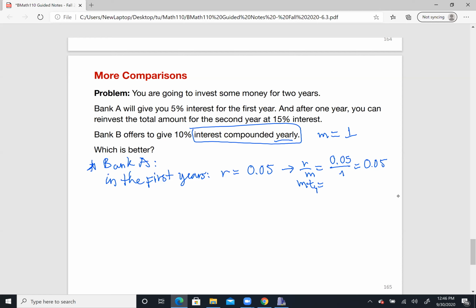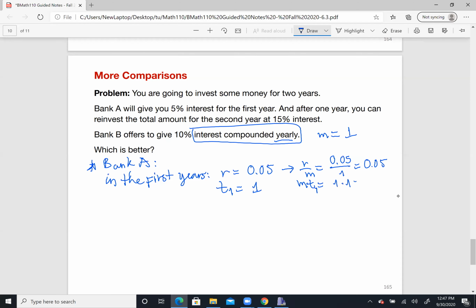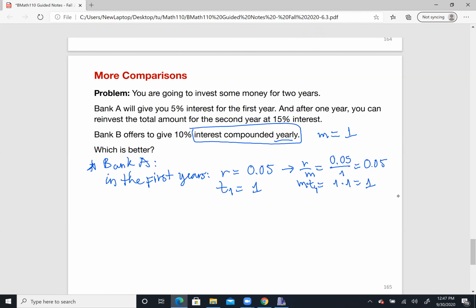In here, first year, T1 will be equal to 1, like 1 year you got only 1, right? So you will get 1 times 1, which is equal to 1. Okay, that's for the first year.